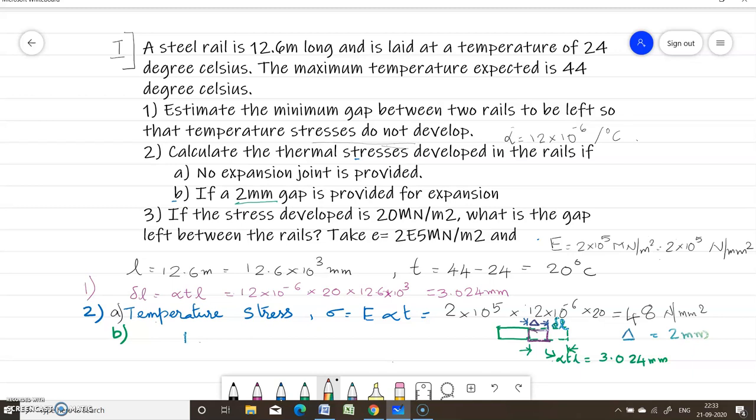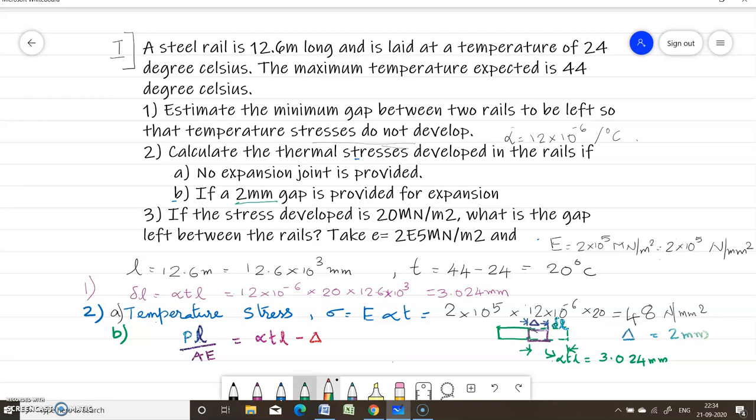So we can write the equation PL by AE is equal to alpha into T into L minus delta.